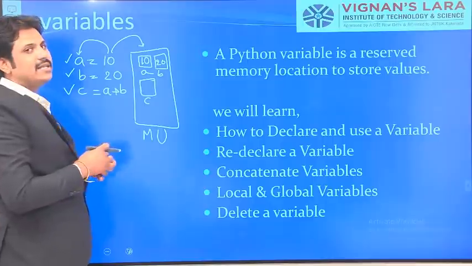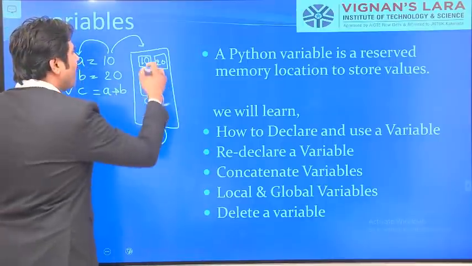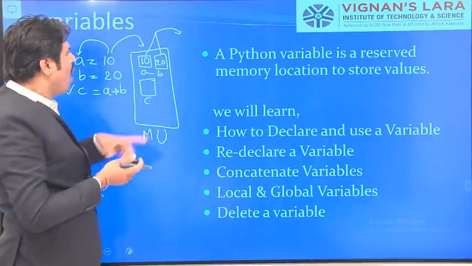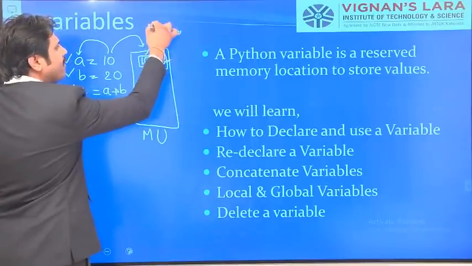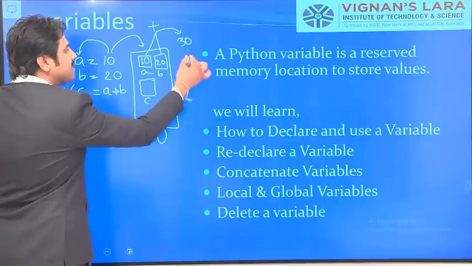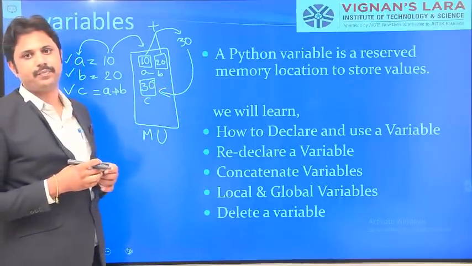The name of that is C. What does it store? The addition of A and B. What is the addition of A and B? 10 plus 20, it is 30. This 30 is going to be stored in this memory location.